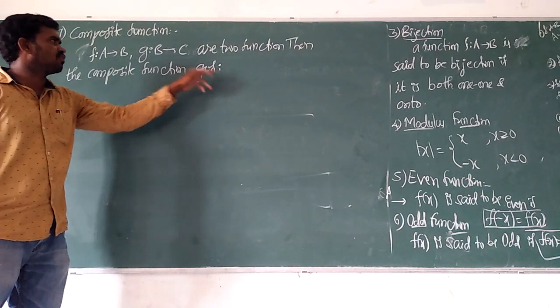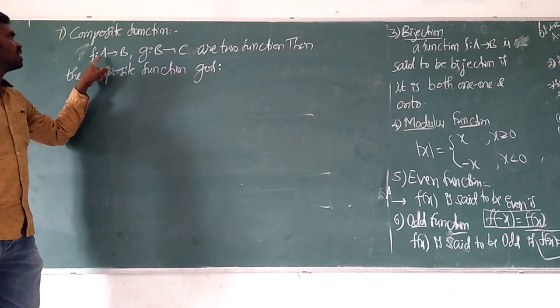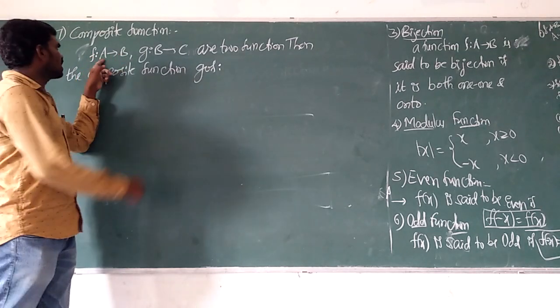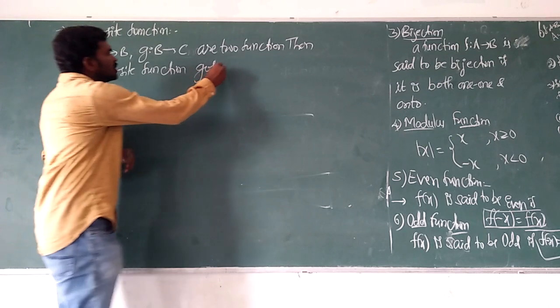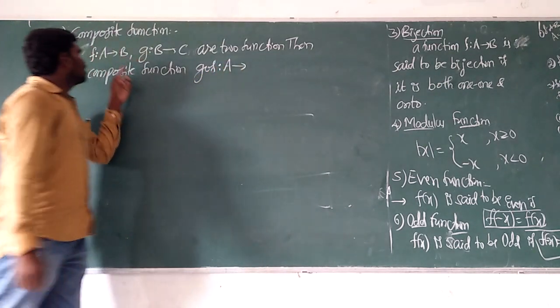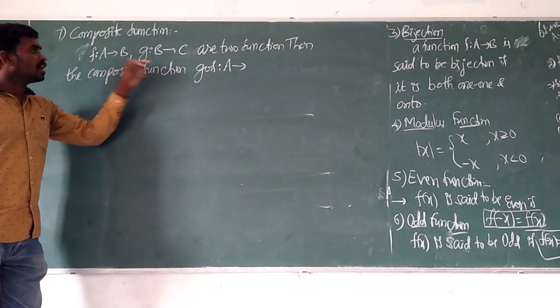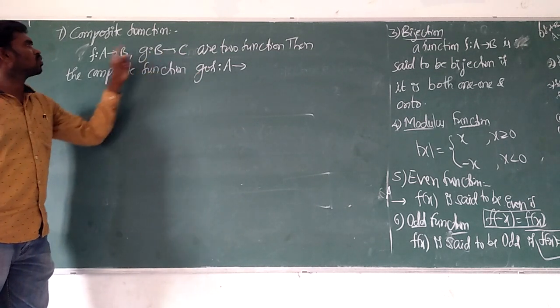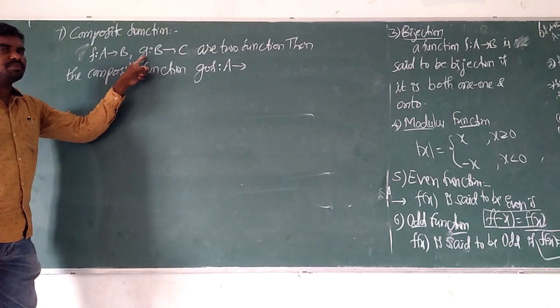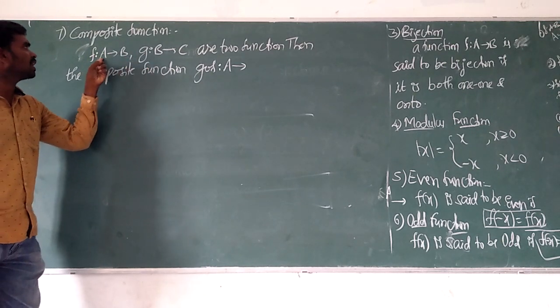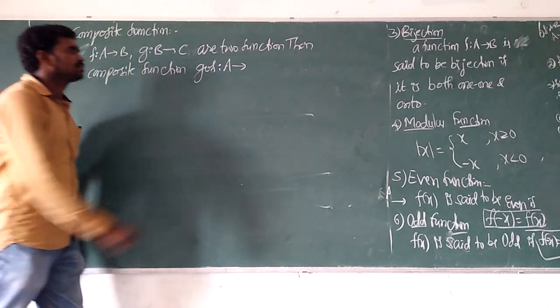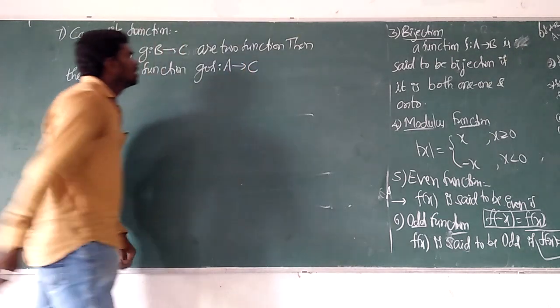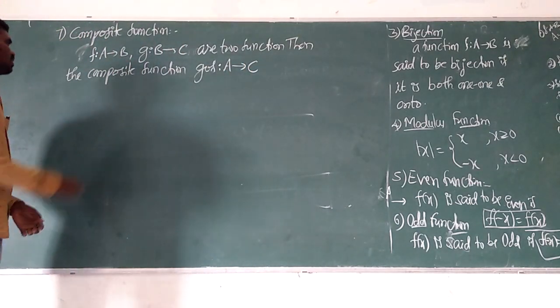The first one is f, which is from A to B. So it started at A and ends at B, and immediately the second function g moves from B to C. So totally the composite function g circle f moves from A to C. So that is called a composite function.